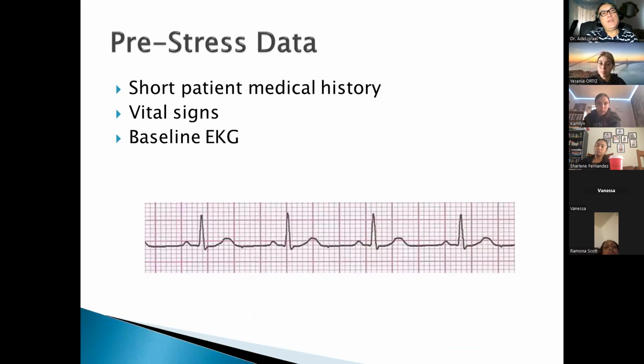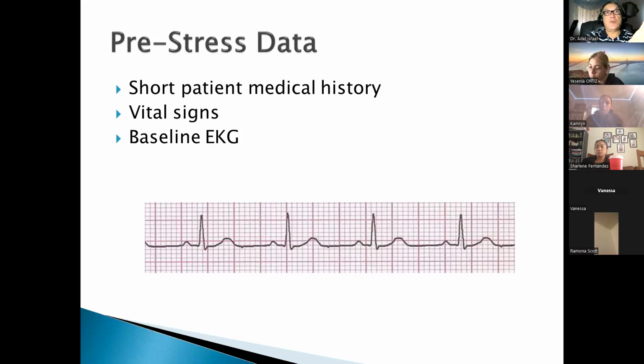Then we are going to do an EKG before doing any exercise. This is another question on the exam. Why do you have to perform EKG before, during, and after? Before, to evaluate the situation of the heart of this patient.